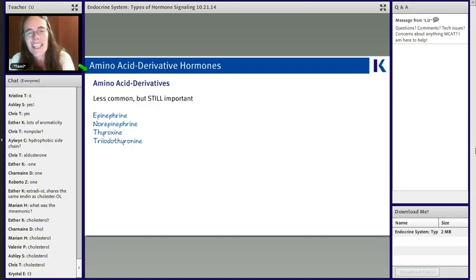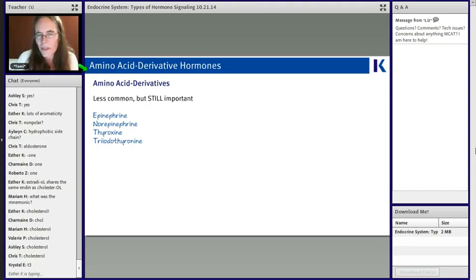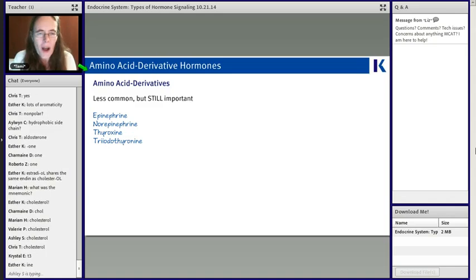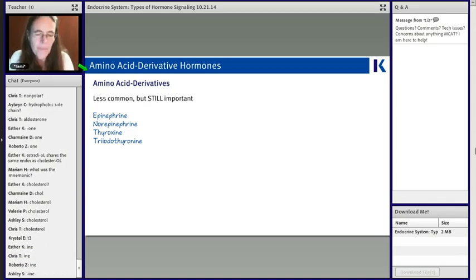Okay, T4 is actually released, and then T3 is the more active form that we get at our cells. Okay, as we look at this, we've seen these. Do you guys see an ending that looks really familiar or really common in our amino acid derivatives? Yep, INE.